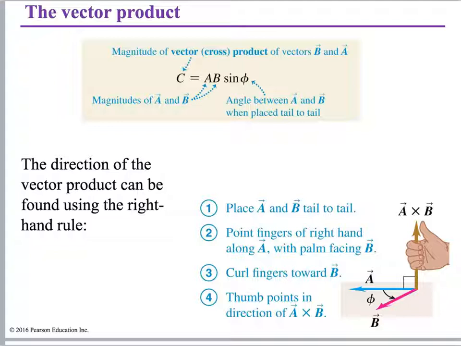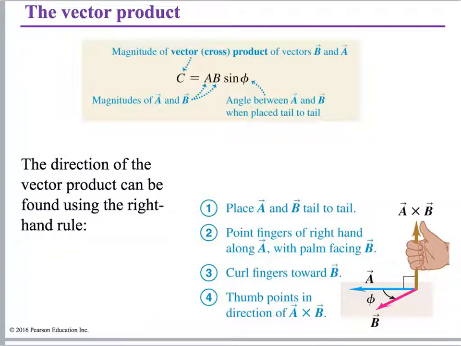Now, the thing that's interesting about this that you might not immediately notice is that the cross product result is perpendicular to both A and B. This question came up in the reading, but maybe you forget that two vectors will always define a plane.